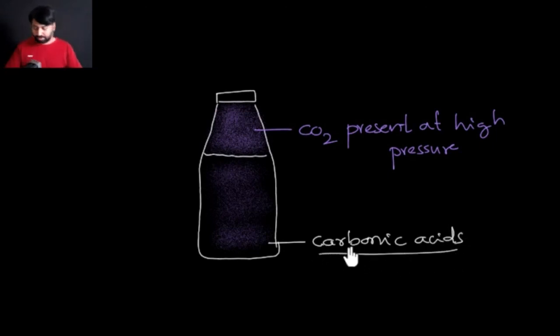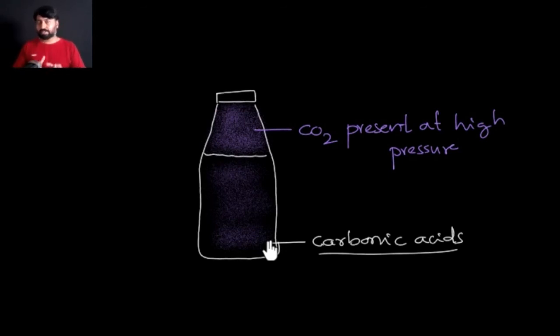One point I want to tell you, students, is that all soft drinks are manufactured by dissolving carbon dioxide at a very high pressure. If you try to dissolve carbon dioxide in water normally, it does not happen.